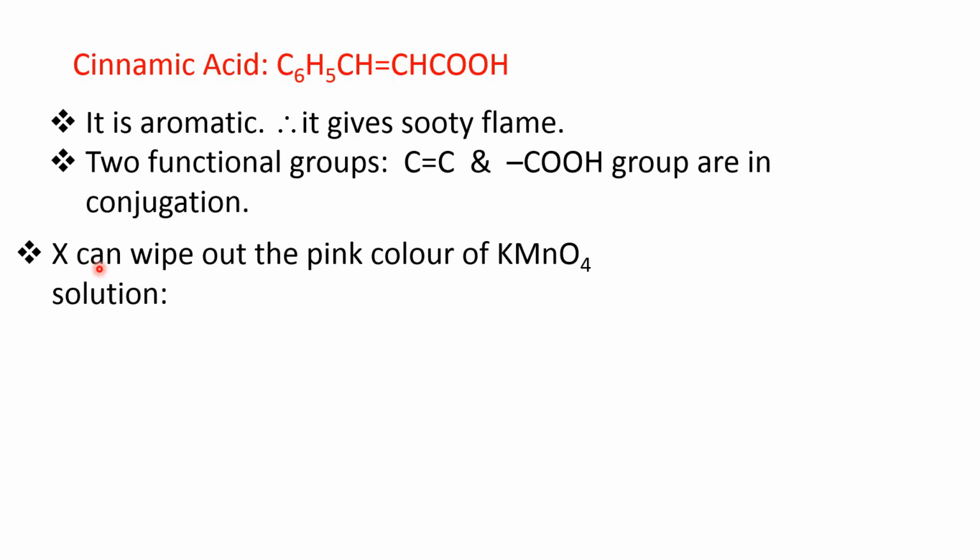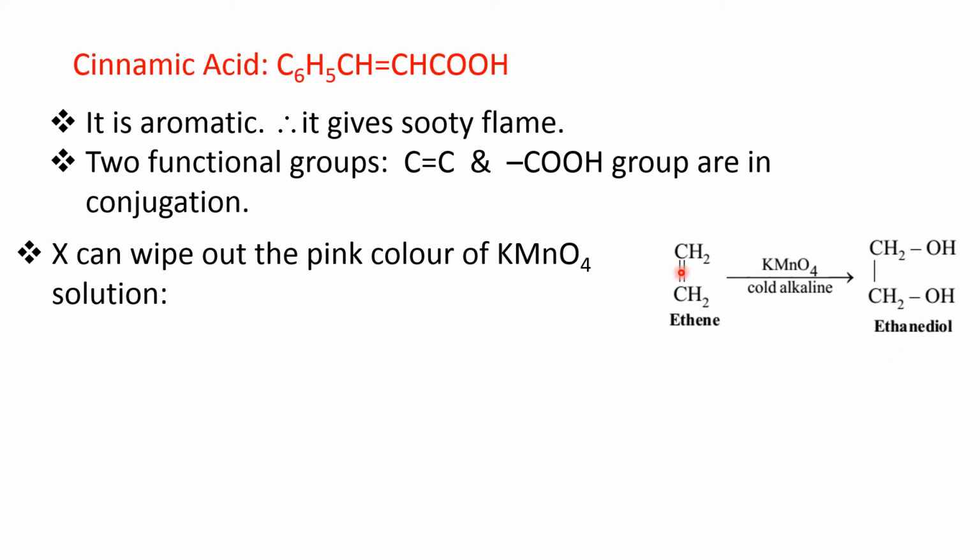X, that is cinnamic acid, can wipe out the pink color of potassium permanganate solution. For aliphatic unsaturated compounds, when they are treated with cold alkaline solution of potassium permanganate, then oxidation takes place and the net reaction is the addition of two OH groups at the adjacent carbon atoms, that means at the double bonded carbon atoms.